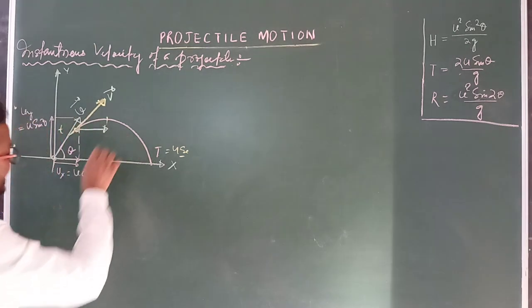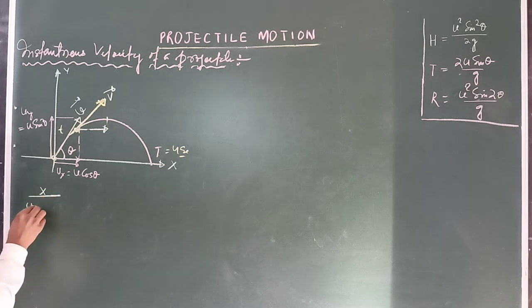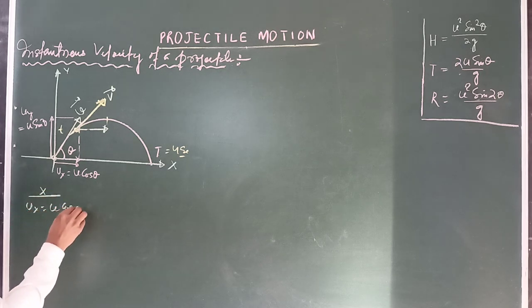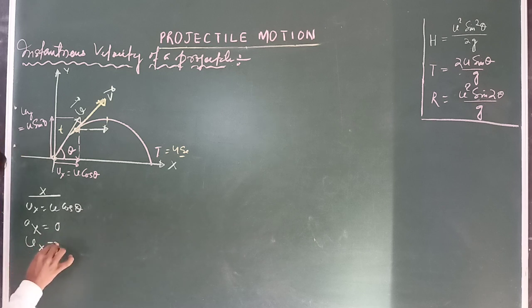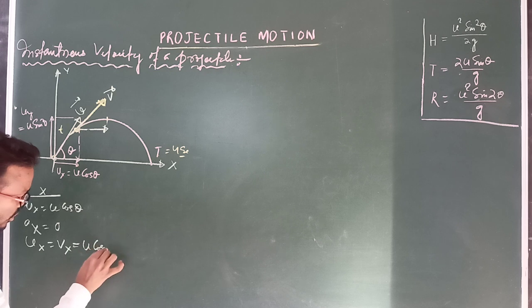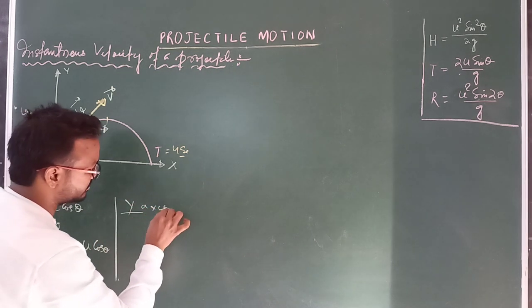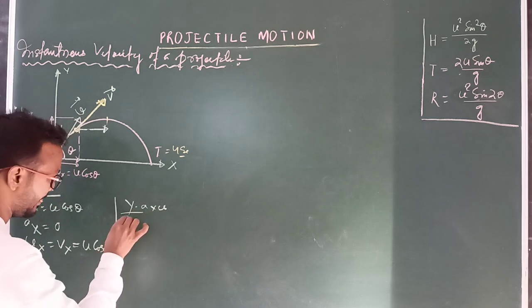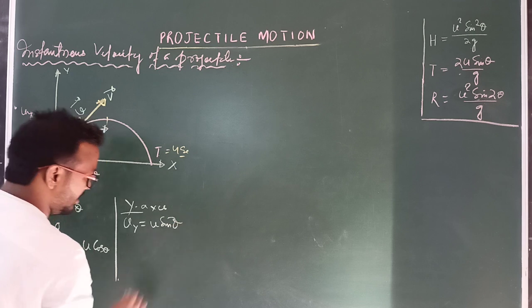Along the x axis, ux equals u cos theta, and ax is how much? ax equals 0. Acceleration 0 means initial velocity equals final velocity along the x axis, that is u cos theta. Similarly along the y axis, uy equals u sin theta.